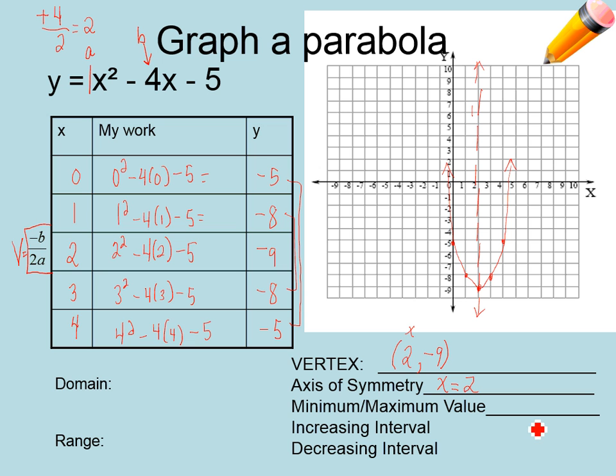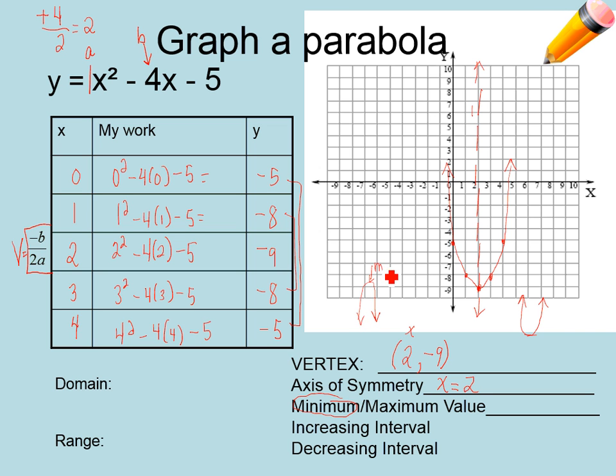Now, do I have a minimum value or a maximum value? Well, I believe I have a minimum value because my U shape is like a U, and this is the lowest point. So I think I have a minimum value. If I were to have a maximum value, my graph would be the other way around.